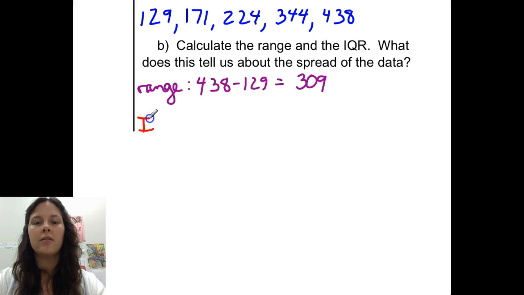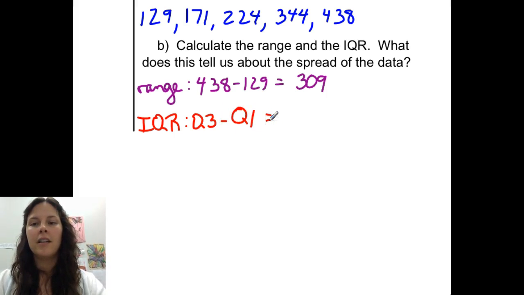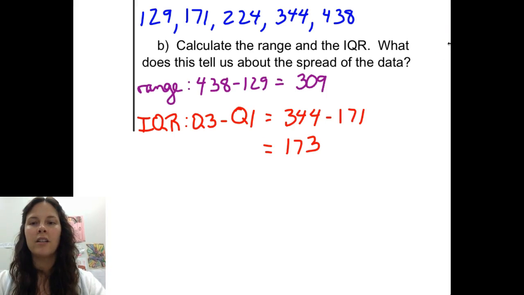The interquartile range is the third quartile minus the first quartile. In our case, 344 minus 171, or 173 seconds for our interquartile range.